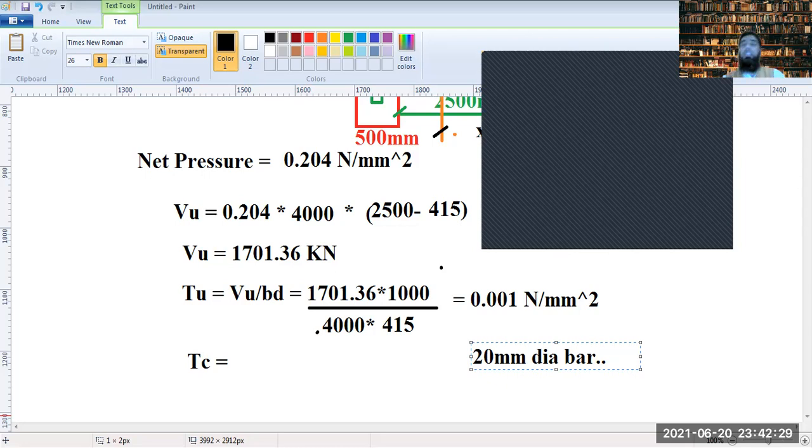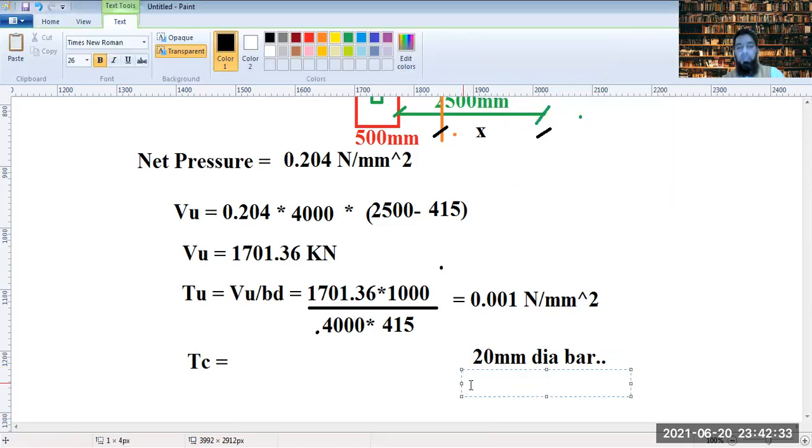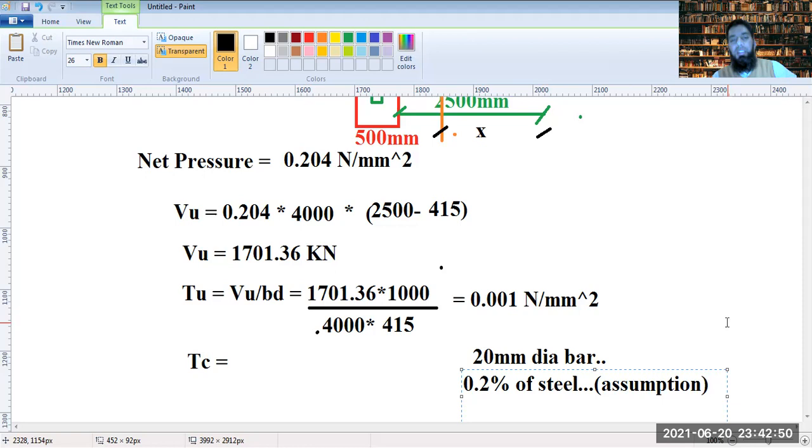That's just 0.2% of steel at maximum. This is just an assumption at this stage. If we are providing 20 bars at around 100 spacing, then that would be 0.2% of steel.